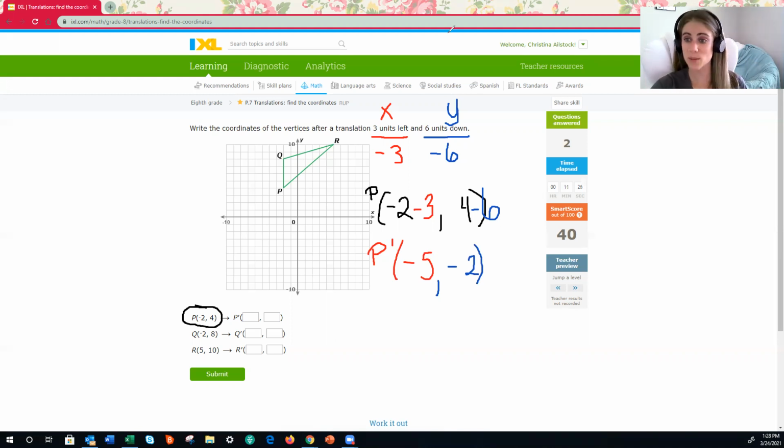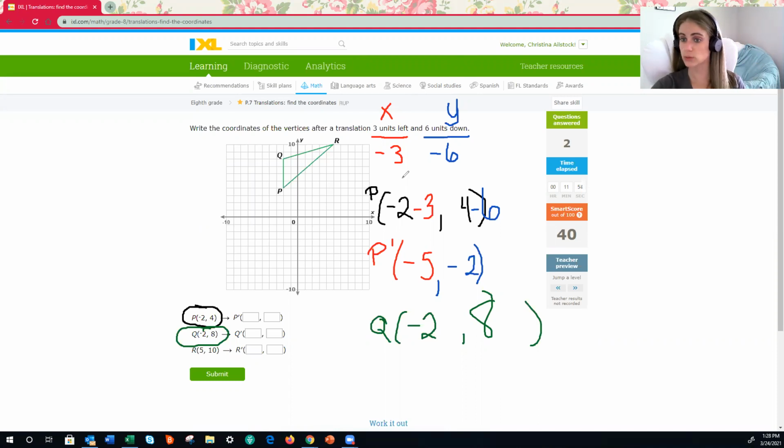Now let's do the same thing with point Q. So point Q is originally located at -2, 8. Ooh, that's a big 8, that's okay. Once again, it's the same translation because we have to move all 3 points in order for the whole triangle to move.